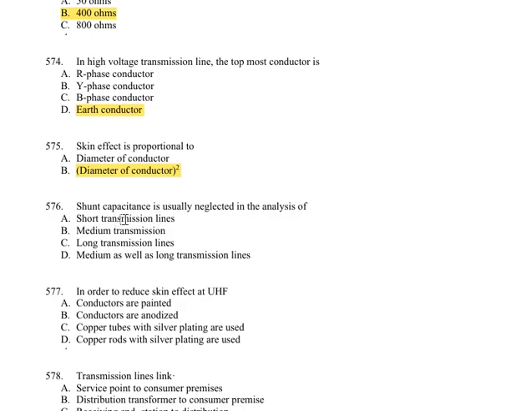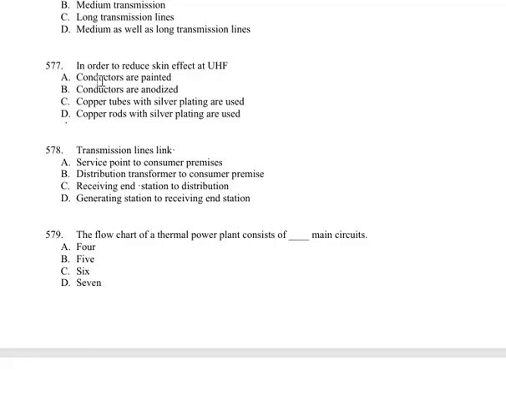Shunt capacitance is usually neglected in the analysis of short transmission lines. In order to reduce skin effect at UHF, copper tubes with silver plating are used. Transmission lines mean generating station to receiving end stations.